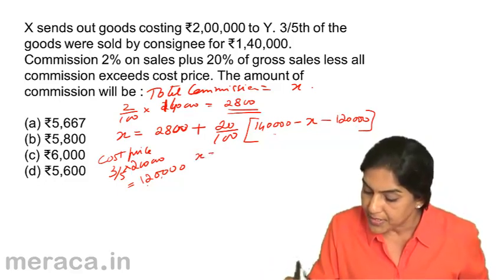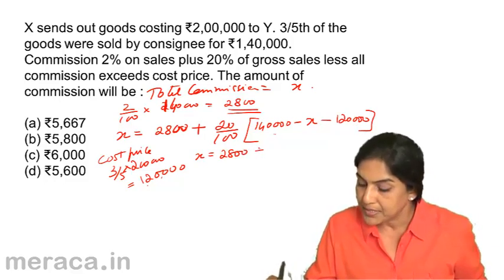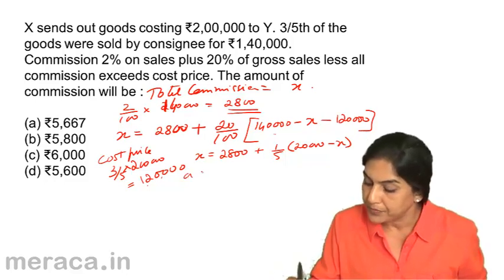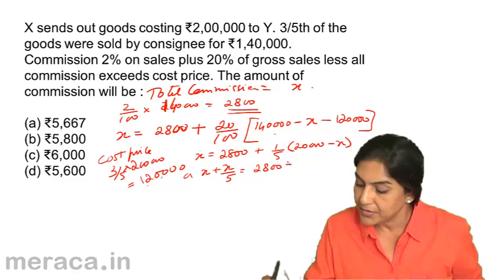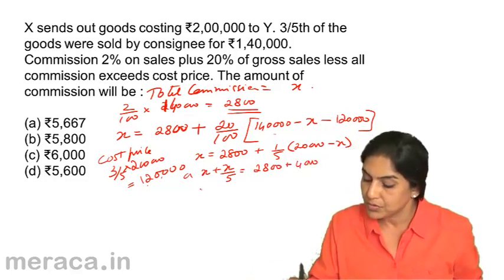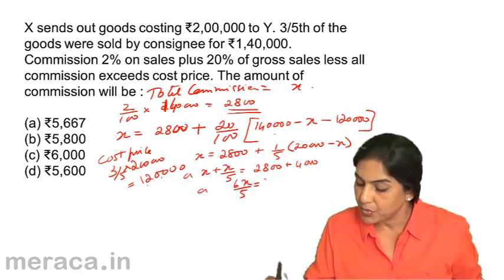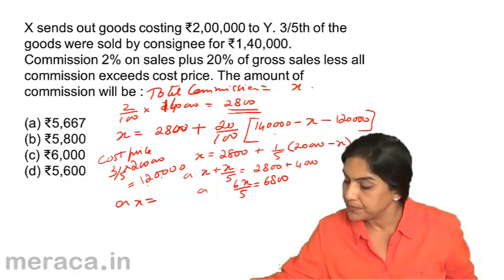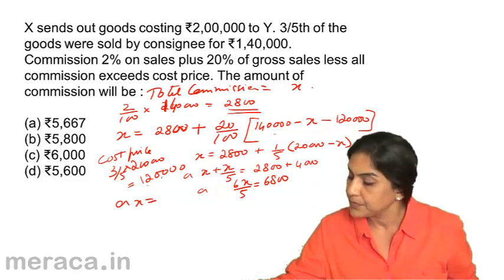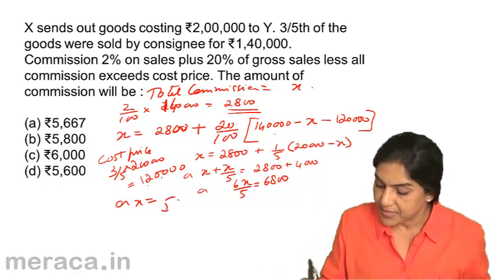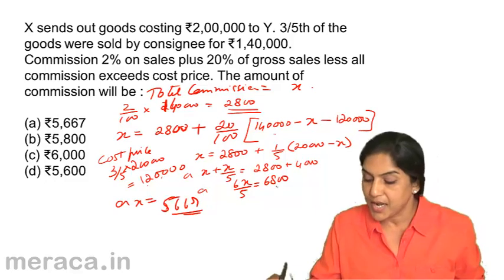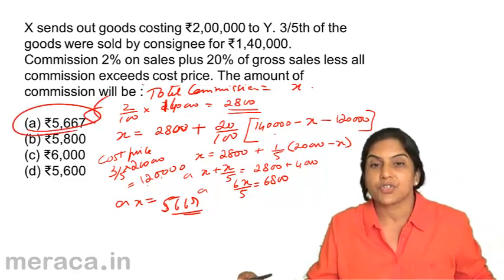If you solve this, we would get X is equal to 2,800 plus 1/5 into 20,000 minus X, or X plus X by 5 is equal to 2,800 plus 4,000, or 6X by 5 is equal to 6,800, or X is equal to 6,800 into 5 divided by 6, which is 5,667. Correct answer should be A, 5,667.